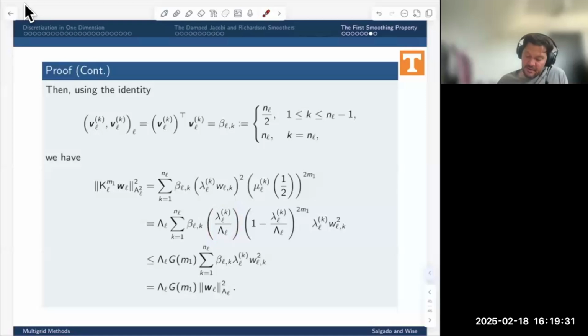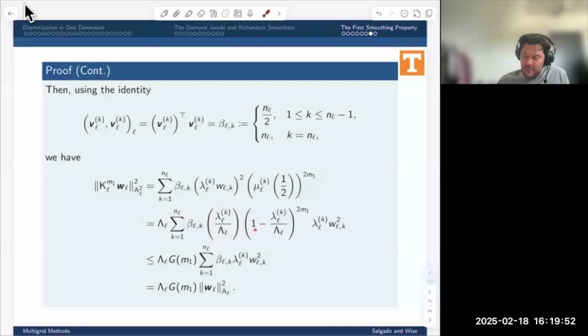It's only equal to 1 in the case where we're dividing by the largest one, the eigenvalue associated to k equals nl. In this case, it's exactly equal to lambda L. So we just have a 1 whenever k is equal to nl, but otherwise we have numbers which are strictly less than 1 and greater than 0.